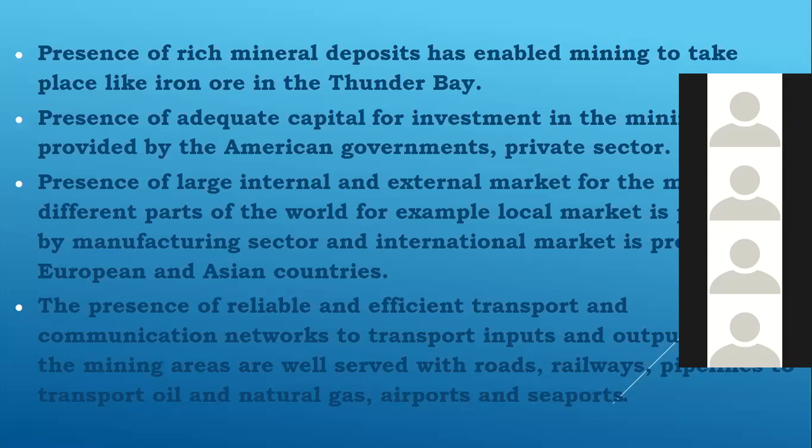So if you just say presence of rich mineral deposits, you will not earn a mark, no mark for you. So you must complete. So the presence of the rich mineral deposits like iron ore at the Thunder Bay has enabled mining to take place in the Great Lakes region. Now that means you have explained, and it is clear.